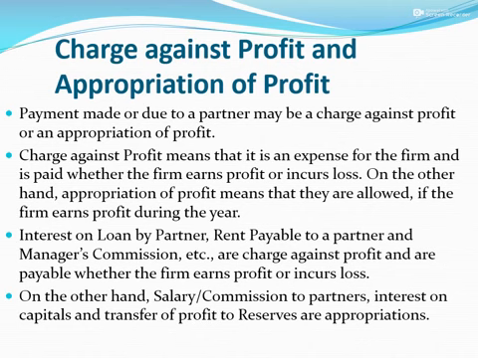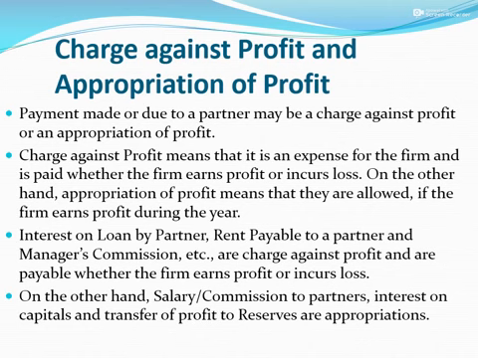Charge against the profit means an expense which the firm has to pay whether the firm earned profit or not. It means under any condition we have to make the payment.